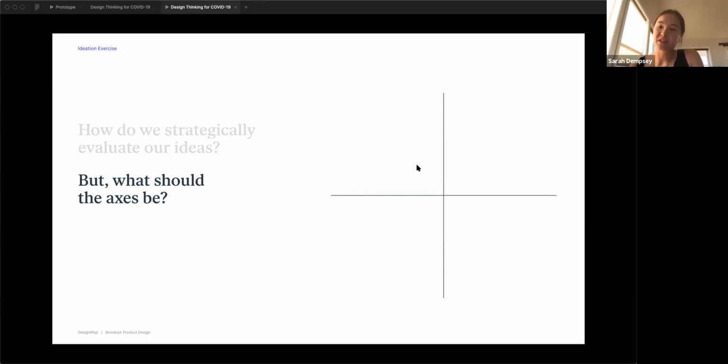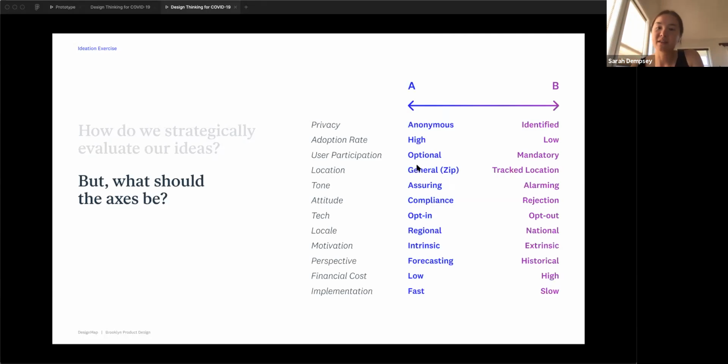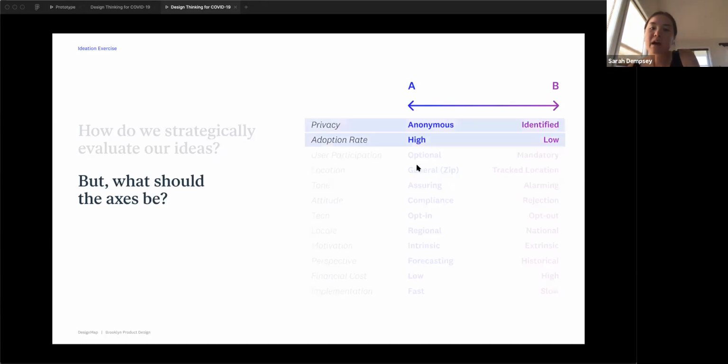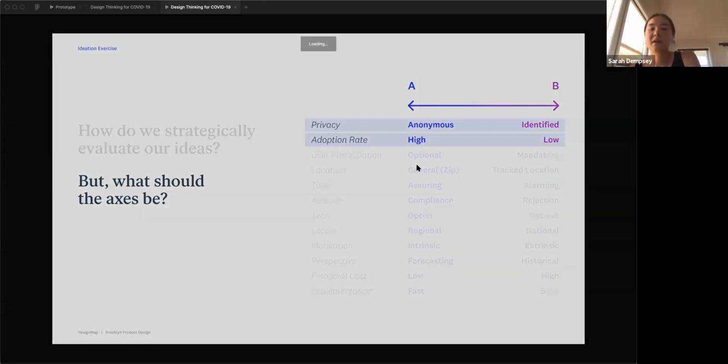But a problem we ran into was deciding what the axes of the 2x2 should be. When we got stuck here, we revisited the list of angles that we started out this ideation process with. Looking across them, we pulled out privacy and adoption as the two most important angles that we cared about at this point in time.